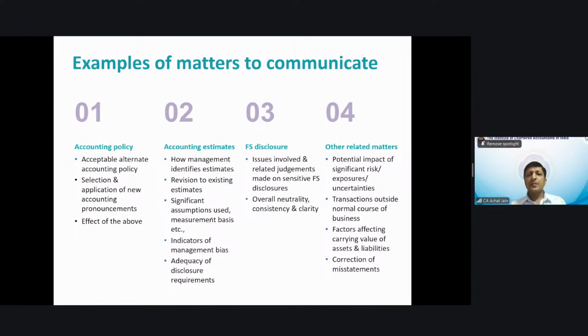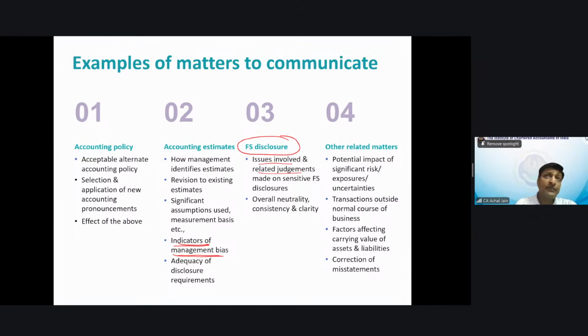Now, some of the examples you may have. Accounting estimates is an important area. How the management identifies the estimates, revisions to the estimates, significant assumptions which may have been used, any indicators of management bias, adequacy of disclosure requirements. Okay. Now, when you talk about disclosure requirements, issues involved, related judgments, again, a very important thing.